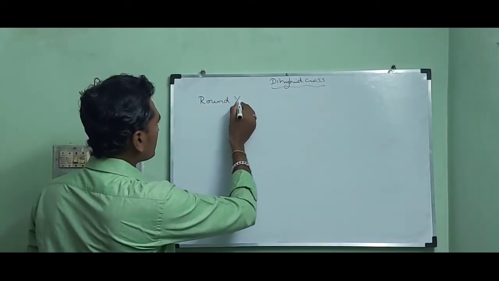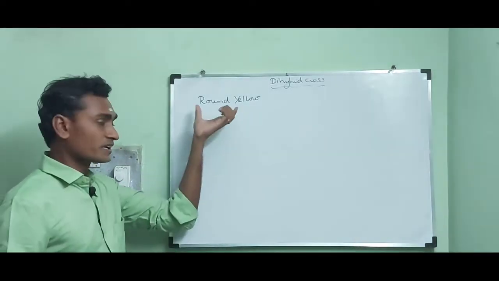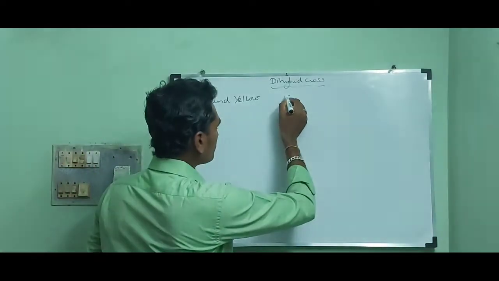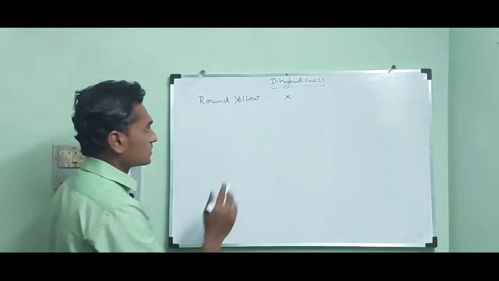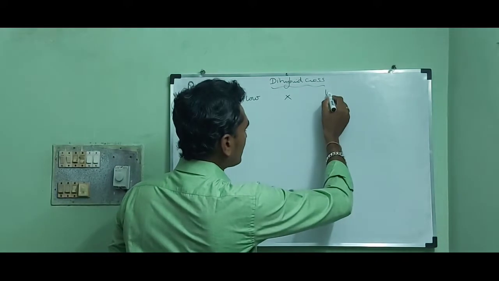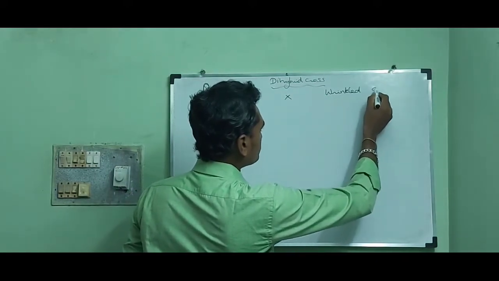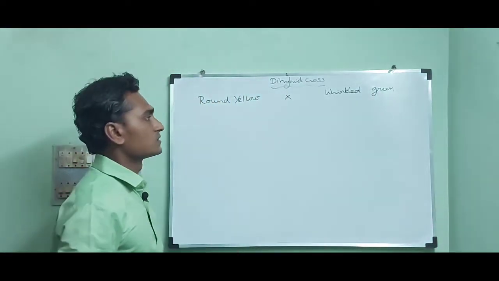This is the homozygous dominant parent, crossed with the homozygous recessive parent, whose phenotype is wrinkled green.